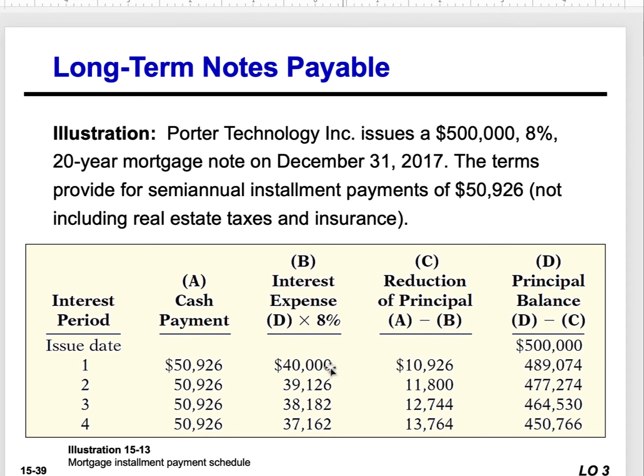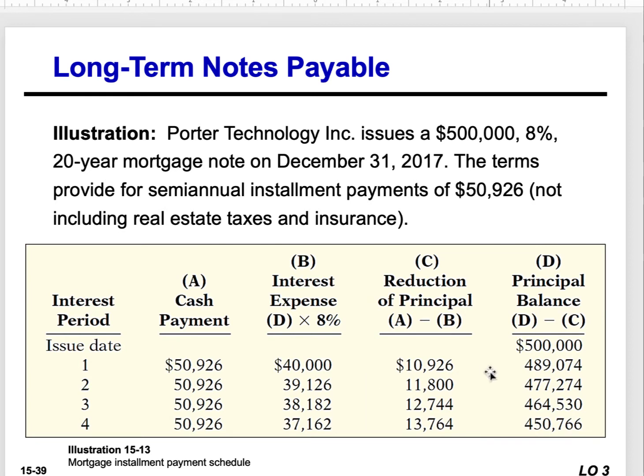Now, the second interest period comes around. No problem. What's the payment amount? Well, it never changes, $50,926. So, of this second payment, we need to calculate what portion of this payment is interest. Well, that's easy. We got $39,126. How in the world did we get that? Very easily.